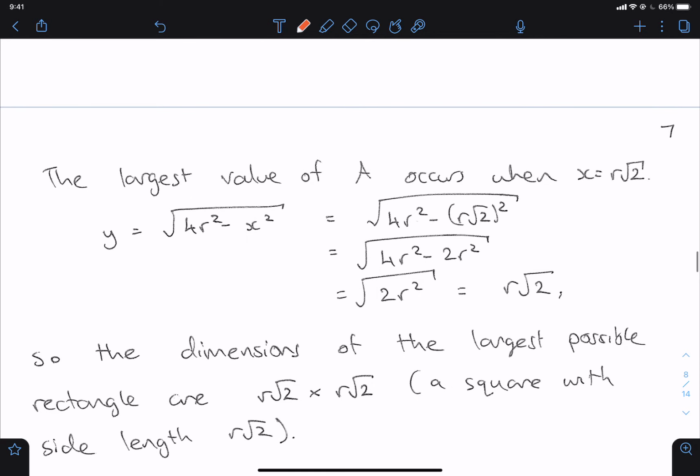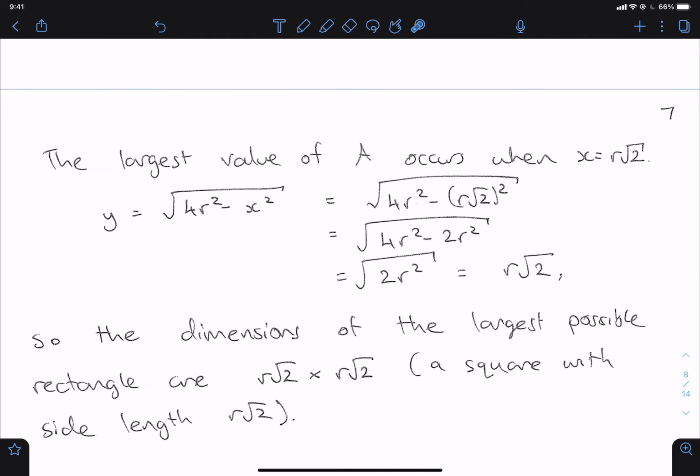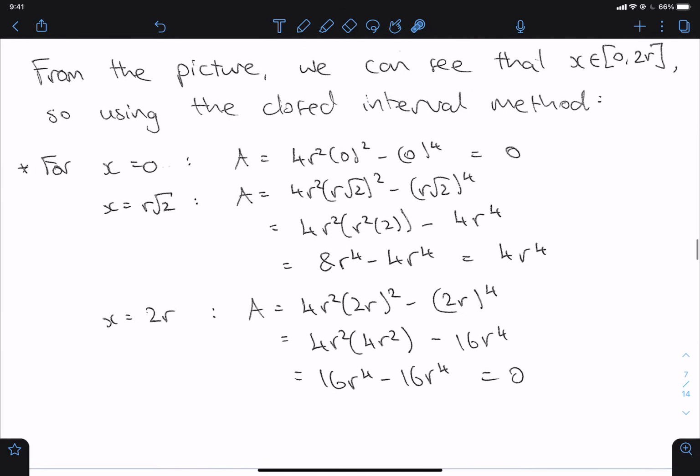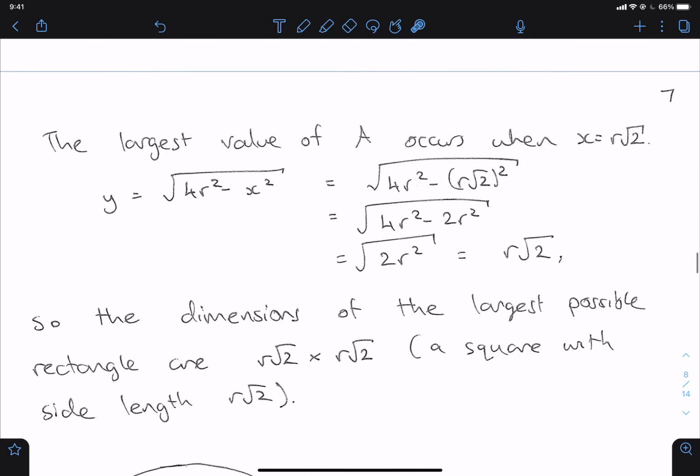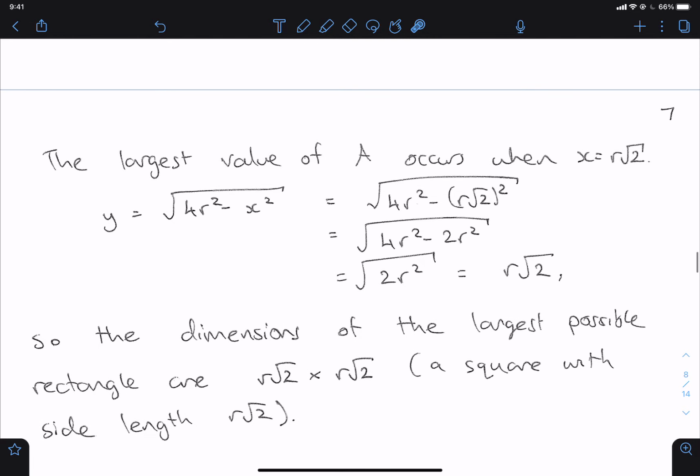Okay, so the dimension of this is r square root of 2 times r square root of 2, right, a square. So that is our question 3. It's also very similar to question 1, I think. Okay, seems pretty good. And we now can move on to the next, question 4.